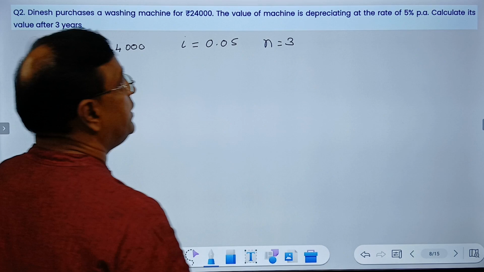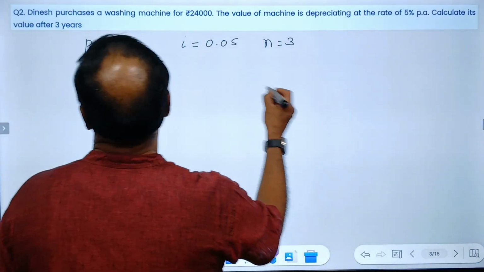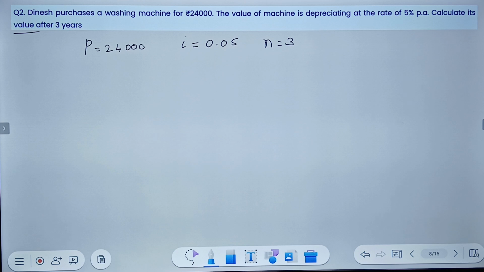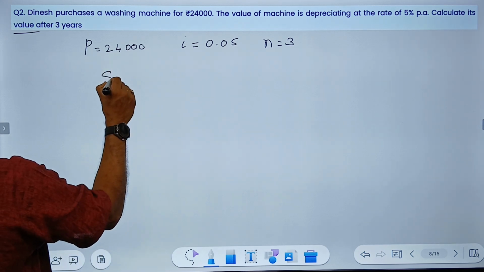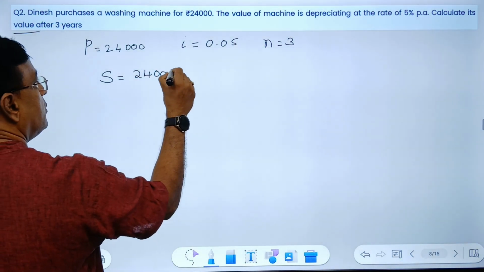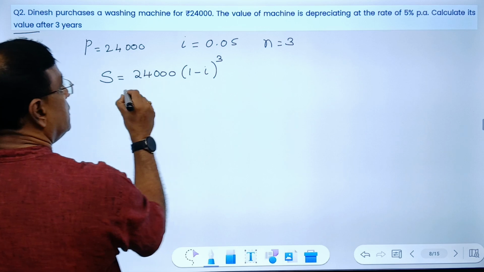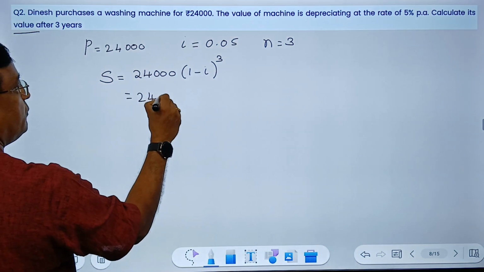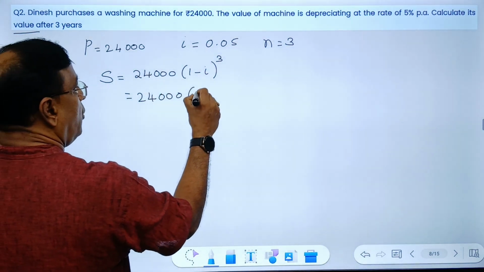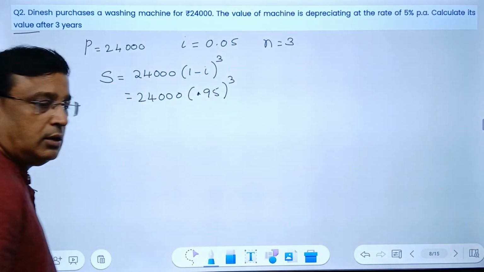I need to calculate the value of the machine. So S is equal to P into (1 - I) whole power 3, which is 24,000 into 0.95 whole power 3.